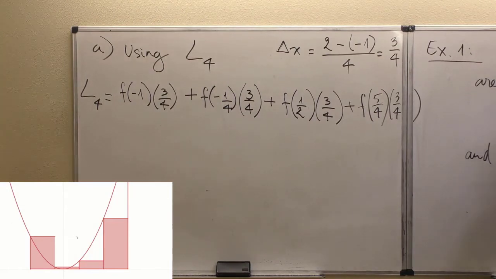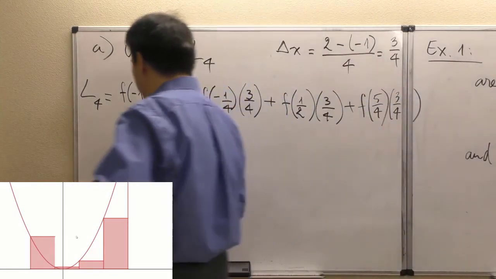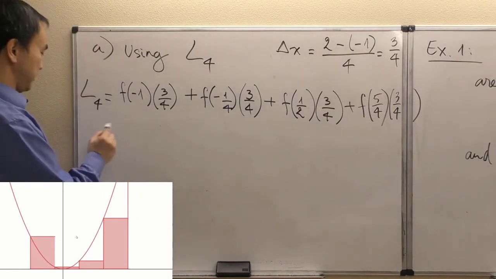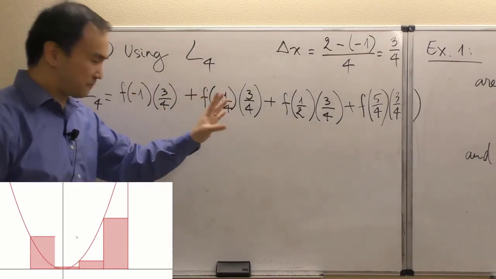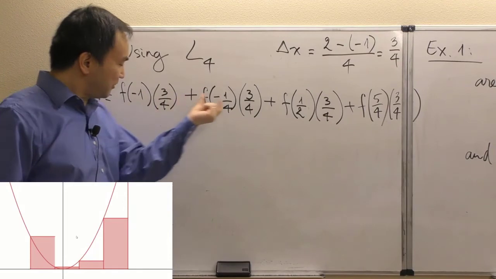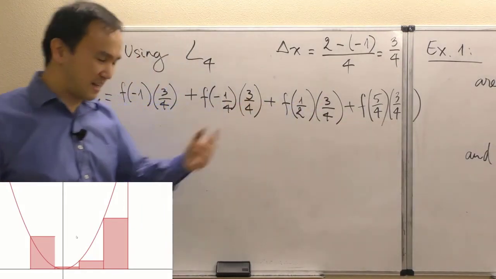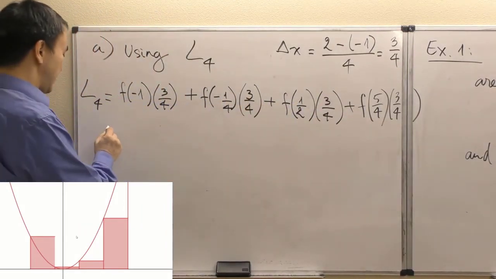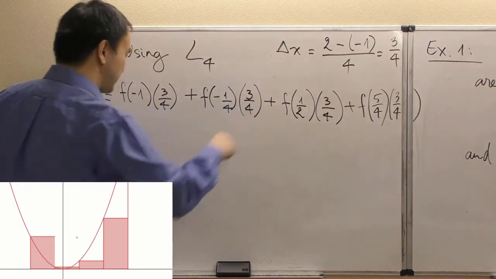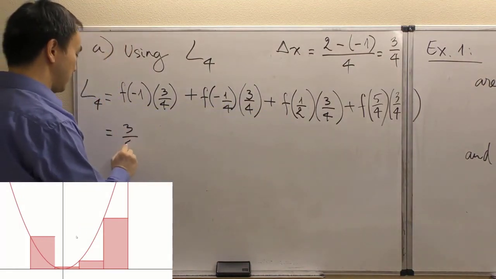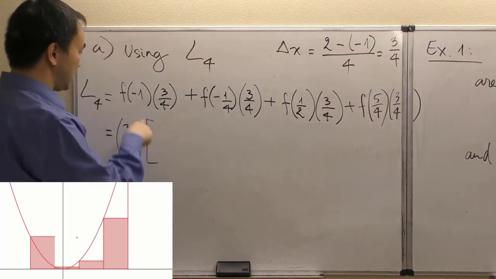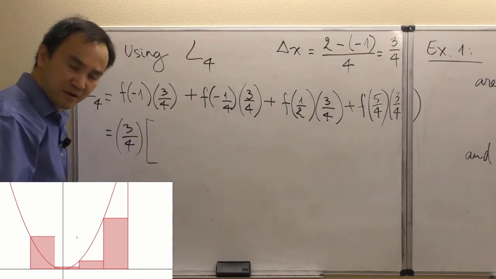Now back in my work, similar to what I've shared earlier, we have a common factor, now that it's completely on paper and pencil. I'm going to factor out the common factor 3/4. Our function is still that famous x squared function.